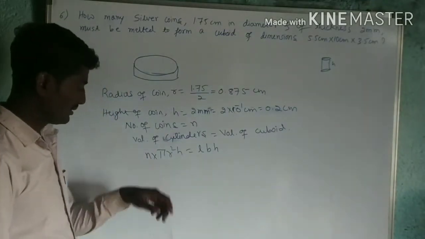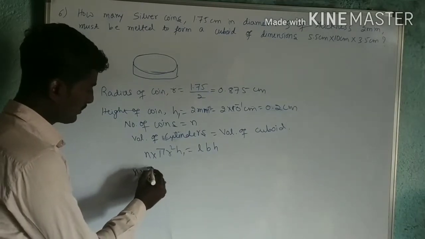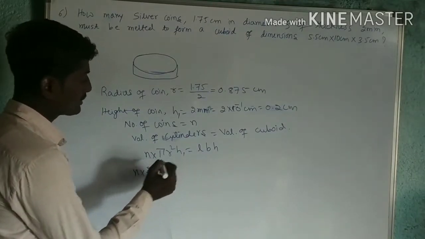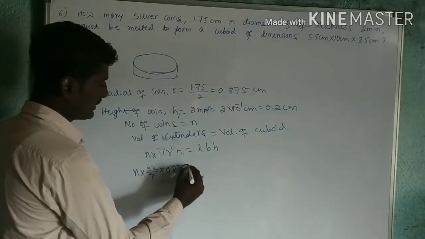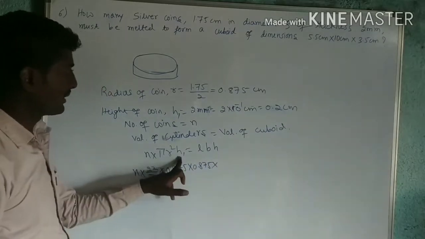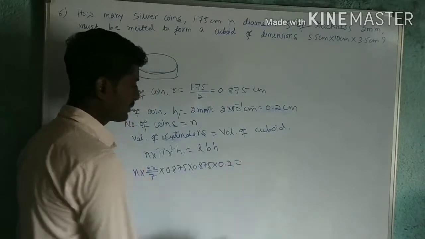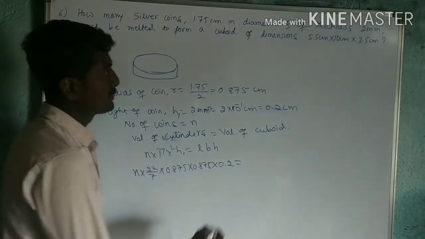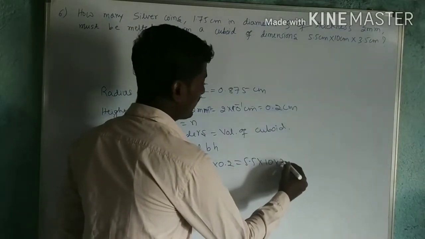Let us simplify: n into pi value 22 by 7, r square, with r value 0.875 into 0.875, into h value 0.2, equals LBH. L value is 5.5, B is 10, H is 3.5.